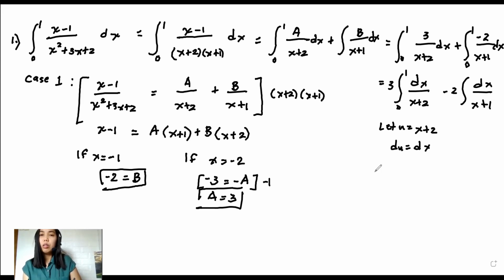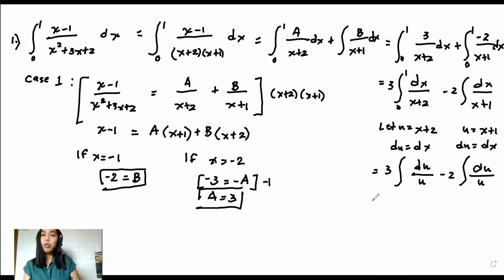Therefore, this is equivalent to 3 integral of du over u. Same here, we let u be equal to x plus 1, and the derivative of u is dx, so dx is du over u.